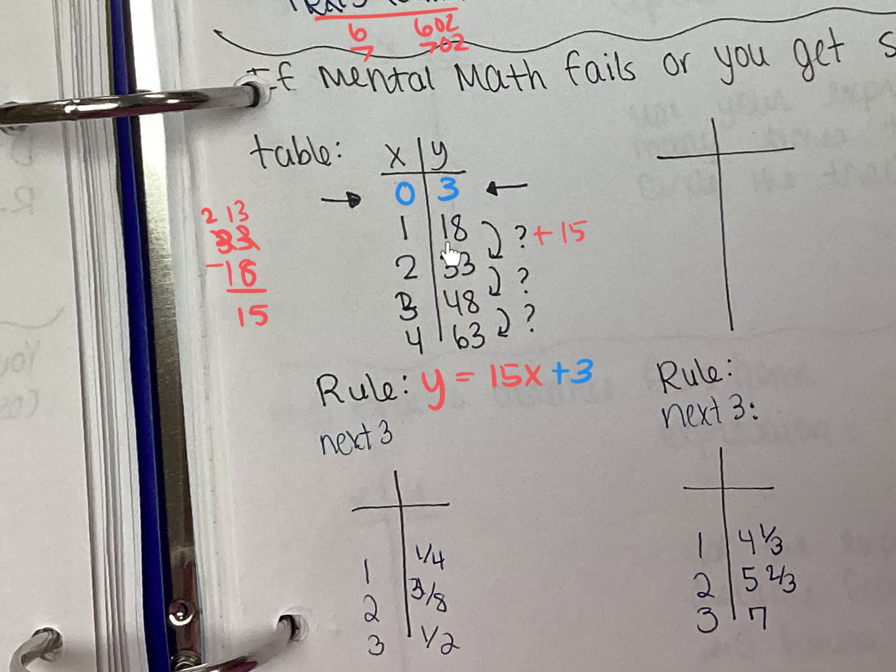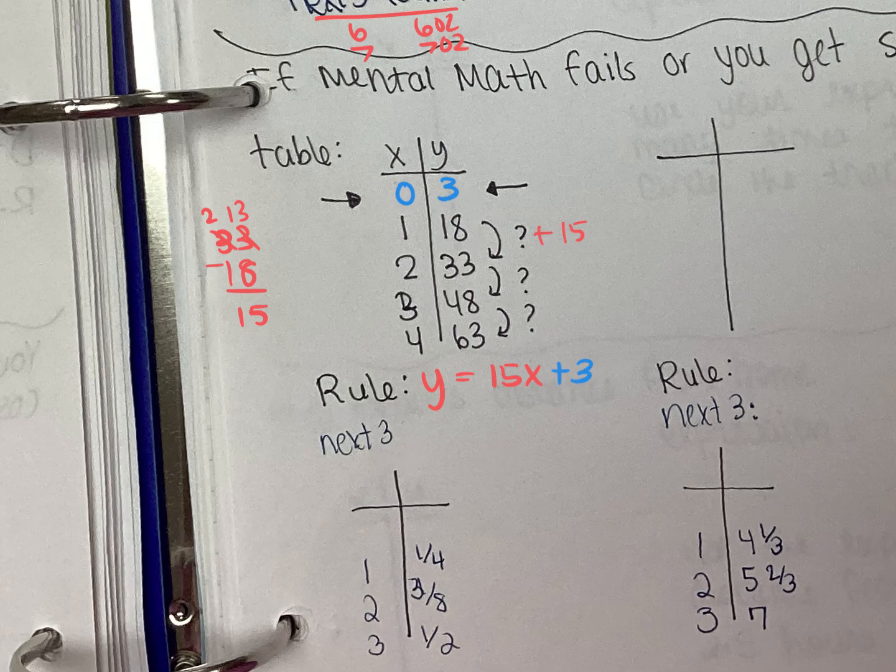So this was not quite mental math, so I came over here and subtracted to figure out how much am I going up each time. 33 minus 18 is 15, so I'm going up 15. That goes in front of x. Then if I back it back down, 18 minus 15 is 3. That goes in the back.